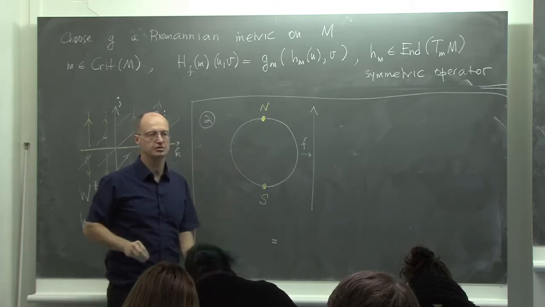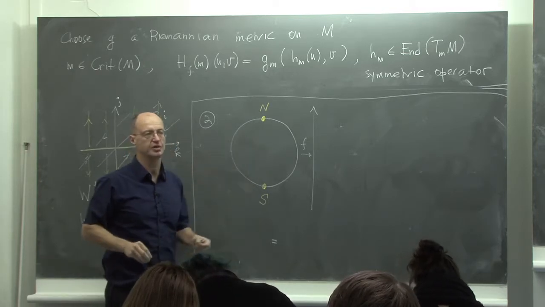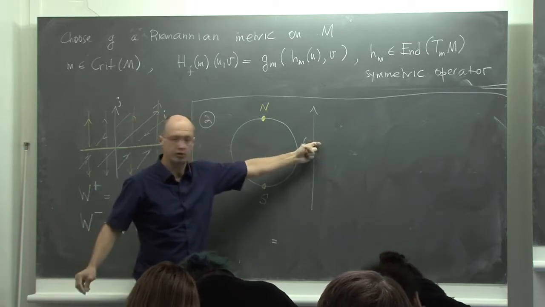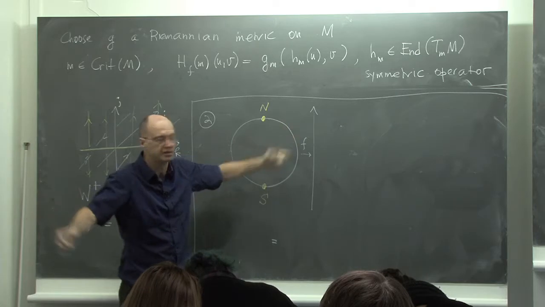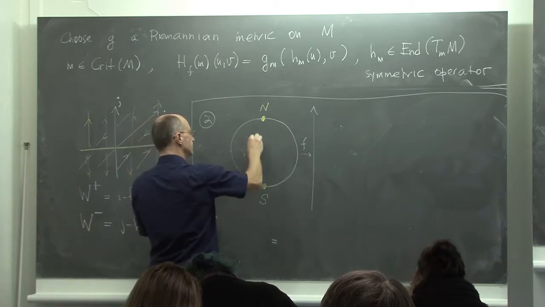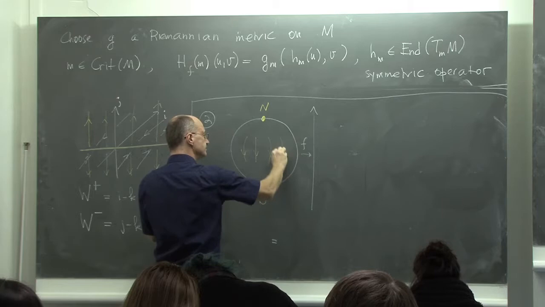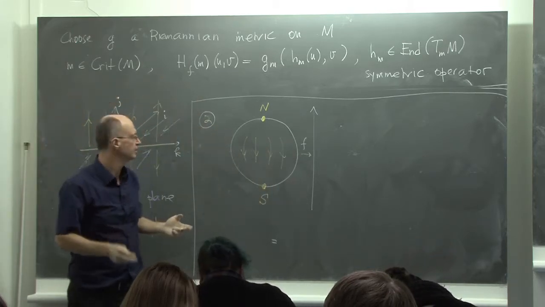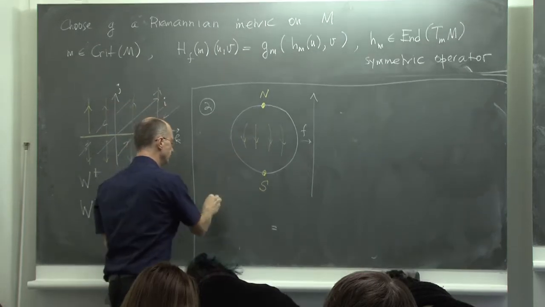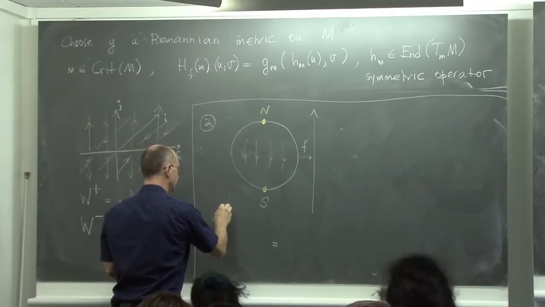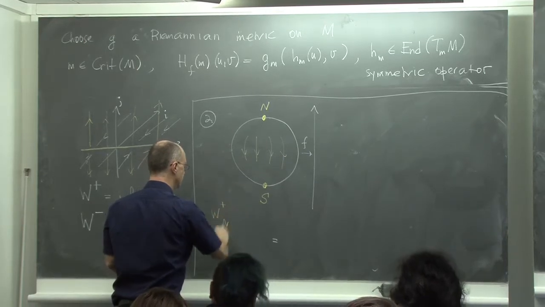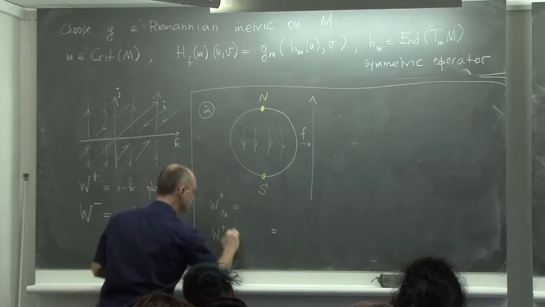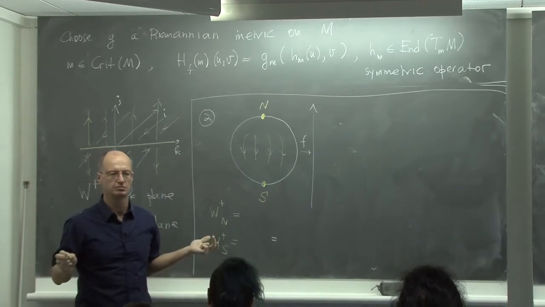So let's talk about those W pluses. What are the stable submanifolds? We have a gradient flow, which, as you can imagine, runs along the meridians of the sphere. Now, what will be the stable submanifold of the north pole and the stable submanifold of the south pole?